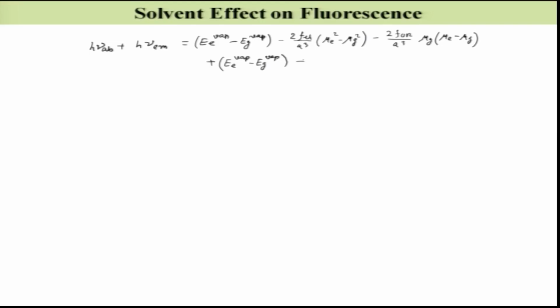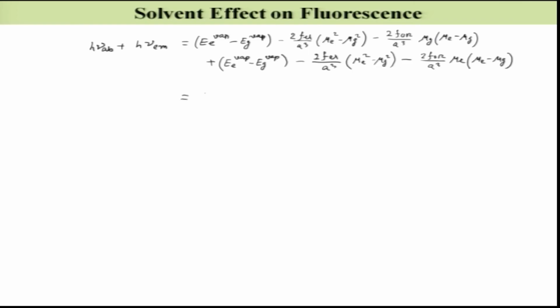minus twice F_EL by a cube times mu_E square minus mu_g square, minus twice F_OR by a cube mu_E into mu_E minus mu_g. So, let me rewrite it this way.